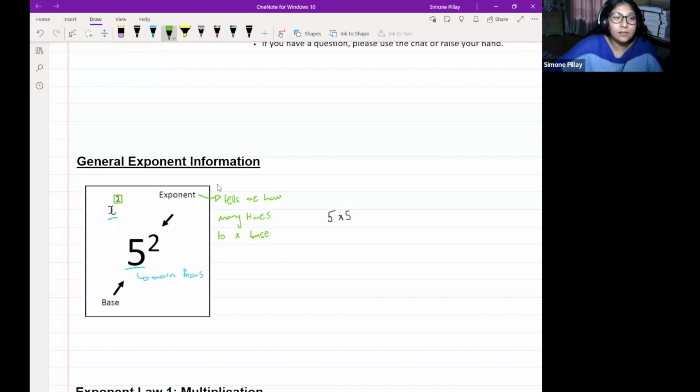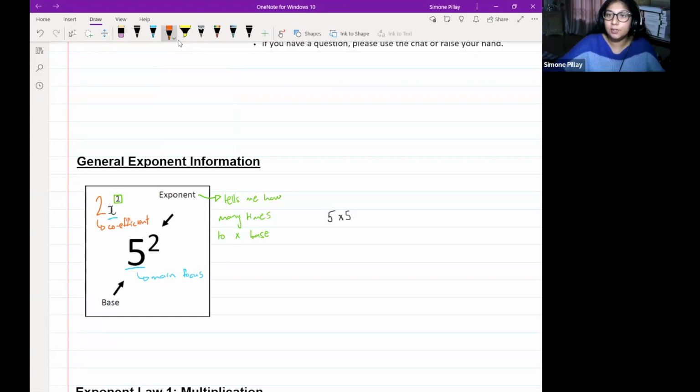And if I were to have a coefficient, what is a coefficient? A coefficient is a number in front of our base. And so this is what would be our coefficient. So in case anybody didn't know that, that is a coefficient. And so we usually only have coefficients when we are dealing with variables.